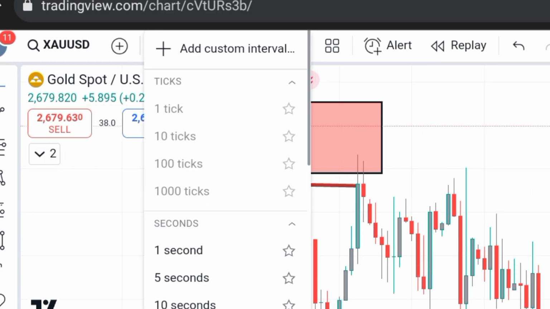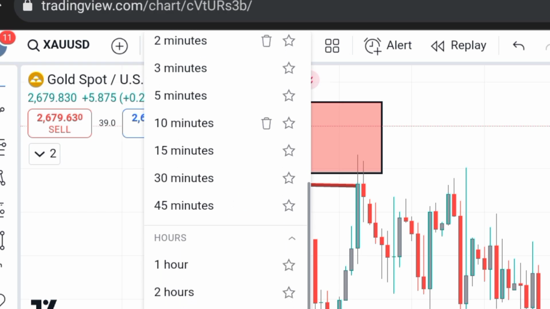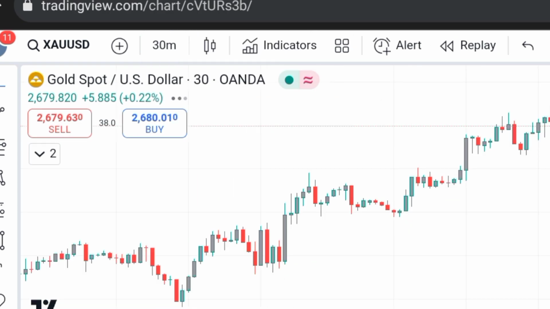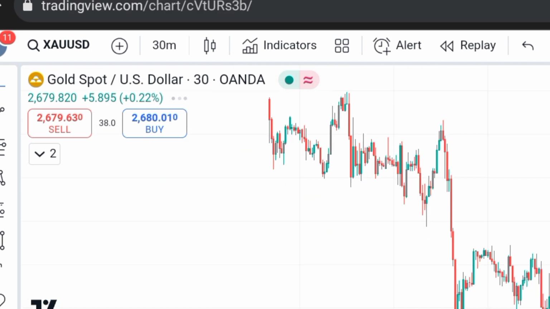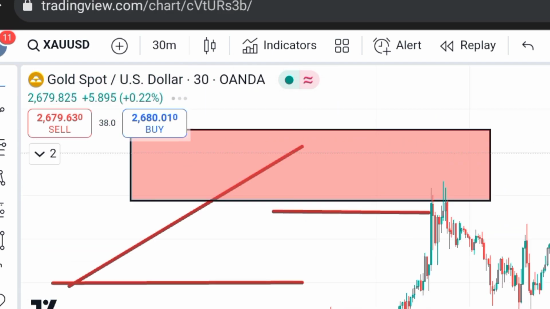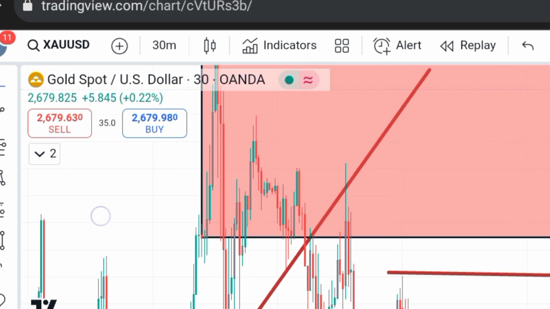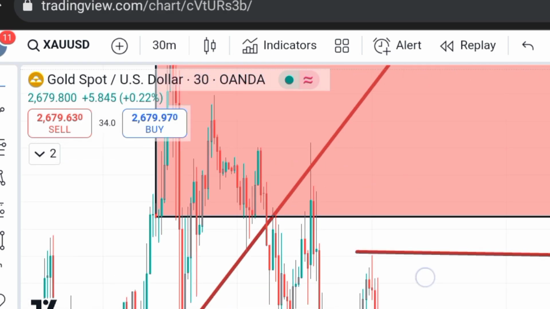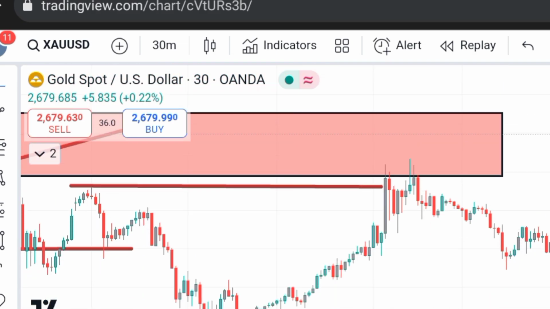So as the market taps into that zone, you go to either 30 minutes or M15, depending on what you want. You want the market to tap into the zone and break structure to the downside, which it does.